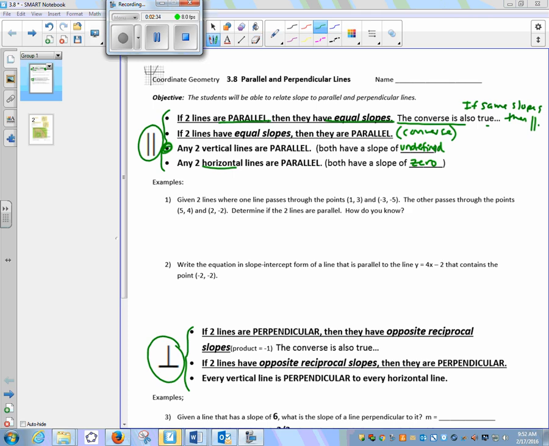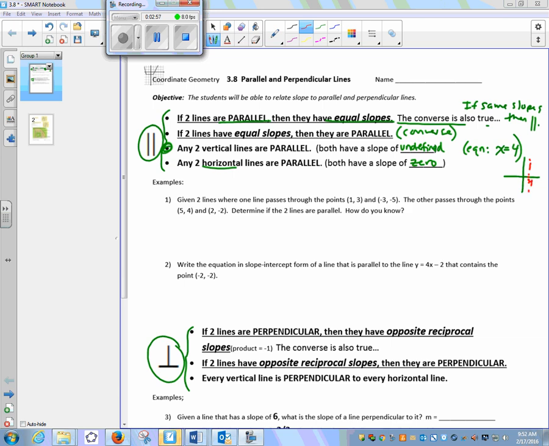Remember, a vertical line has an equation that looks like x equals 4, which would be a vertical line going through 4.